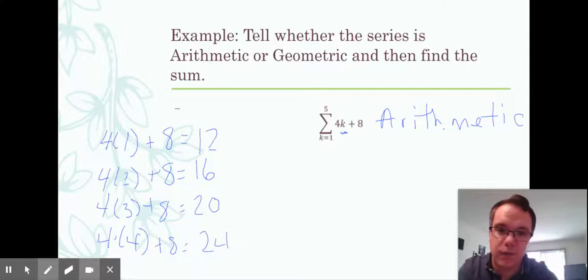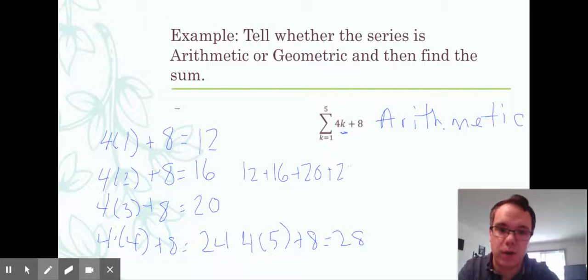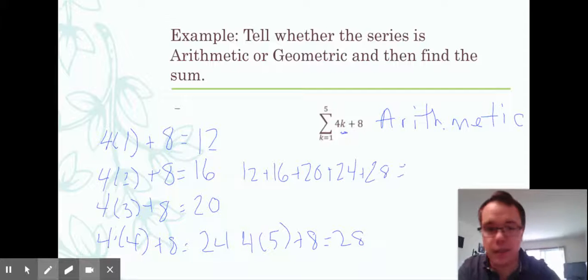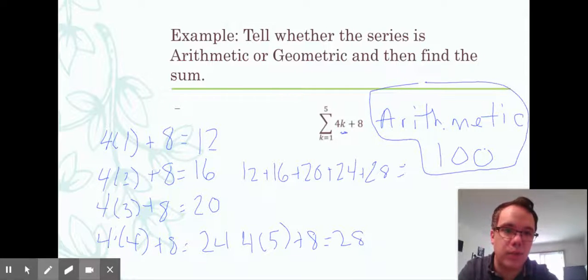And if I take 4 times 5 and I add 8, I have 28. So if I add 12 plus 16 plus 20 plus 24 plus 28, and I add them all up, I get 100. So our series is arithmetic, and it sums to 100.